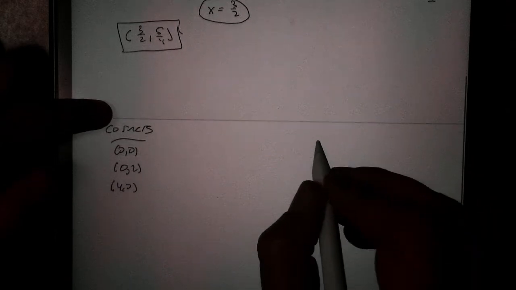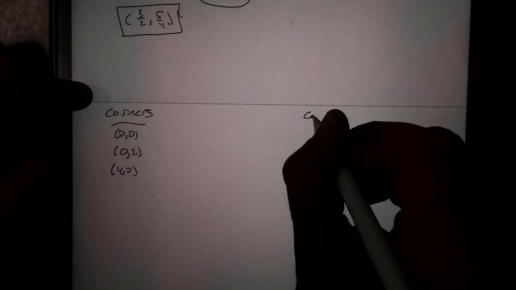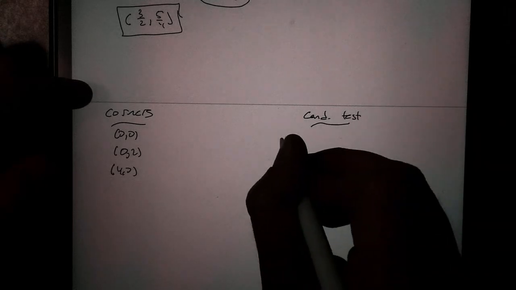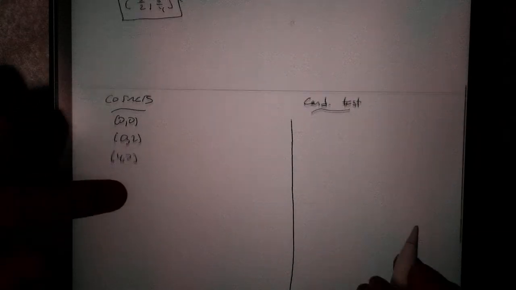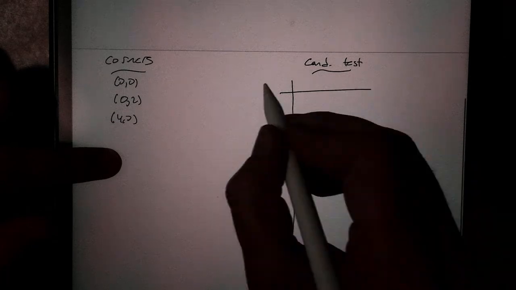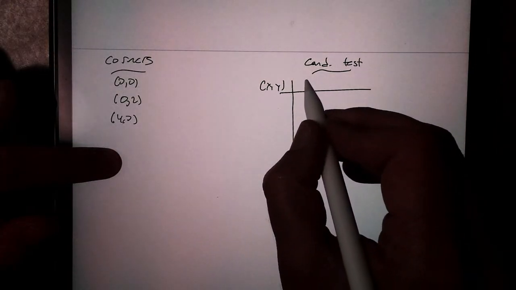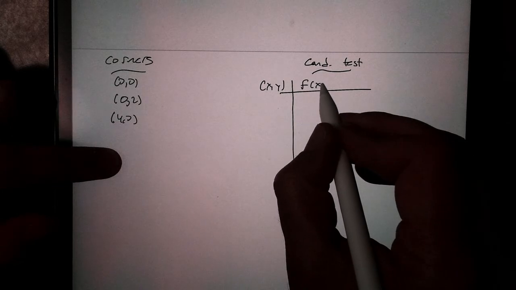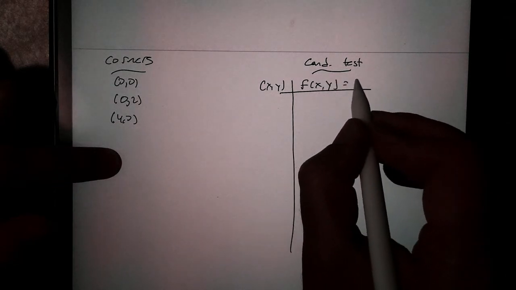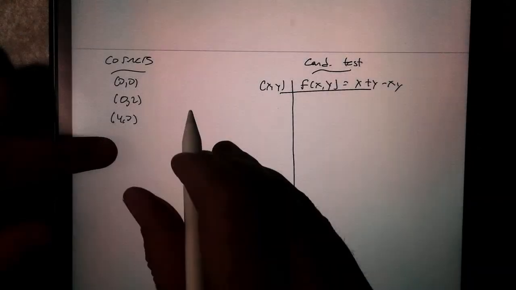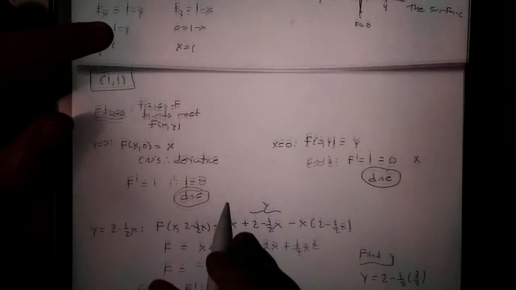And now we're going to go ahead and apply our candidates test. Make a long little table there. Our function, our x coordinates and y coordinates, and our function. Now remember, our function, what was it? It was x plus y minus xy. And you're going to plug in all of the points that we have. So the first one we got was 1, 1.